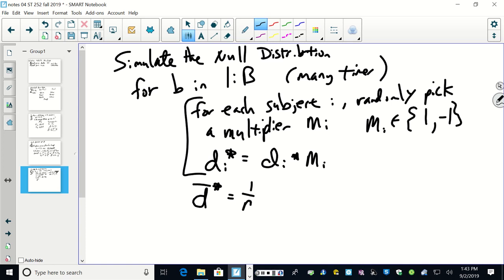We take the average of these new di stars. By doing this many, many times, we're going to get this sample of other averages. And under the null hypothesis, that should be centered at 0, because every time we get a positive, we'd have a chance of getting the other negative.